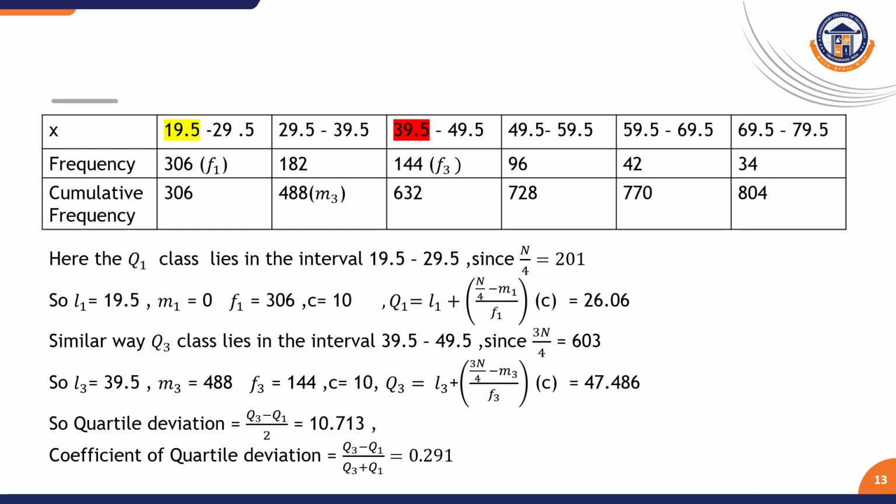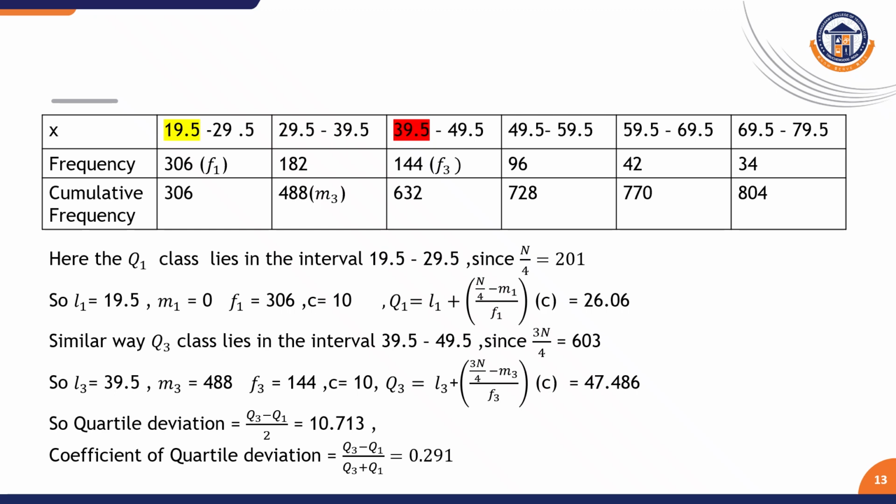Here the lower limit L1 is 19.5, M1 is 0 because the previous frequency is 0, F1 is 306, the corresponding frequency, and C equals the class interval, that is 10. So Q1 can be calculated as L1 plus ((n by 4 minus M1) divided by F1) into C. We will get 26.06.